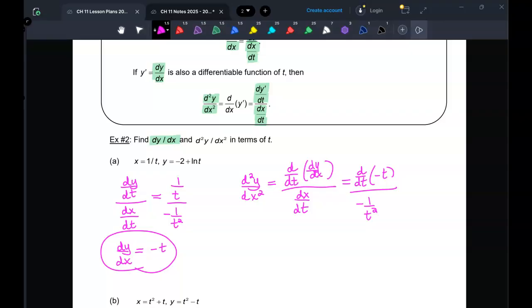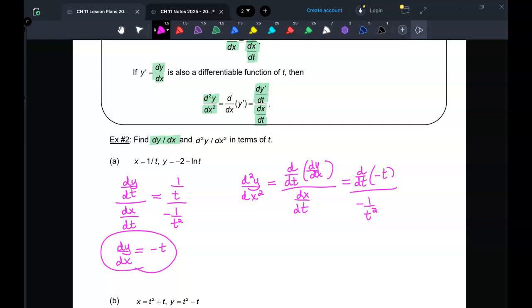Why are we just doing the derivative of negative t on the second derivative? No, because we have to take it in terms of dx dt a second time. Remember, it's not exactly the same as when you only have one function in terms of one variable. We now have this other parameter that we have to take into account.